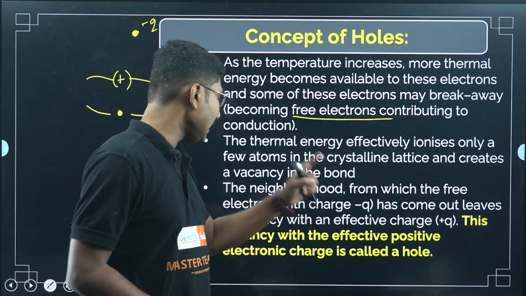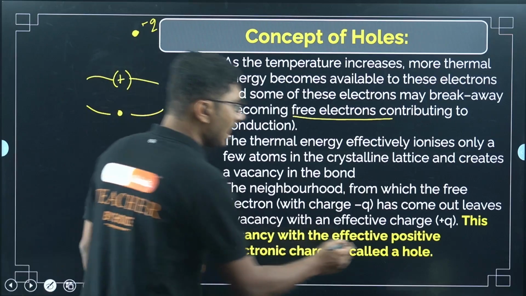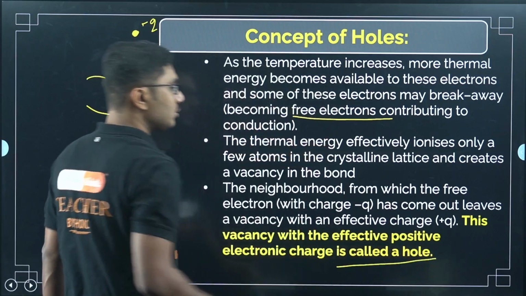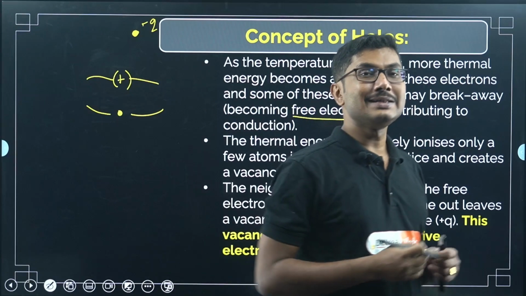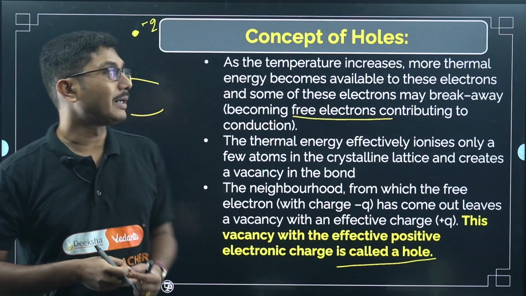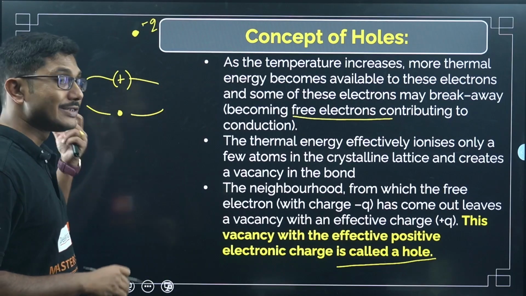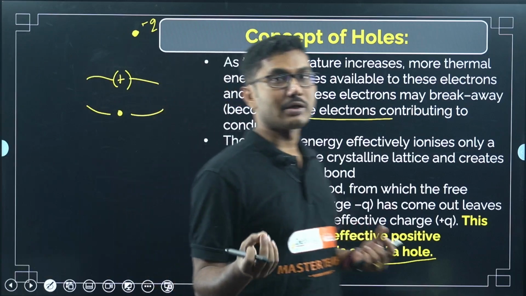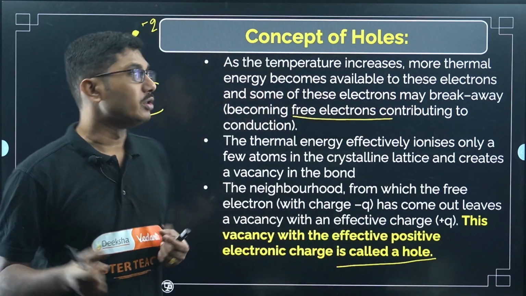This vacancy with effective positive electronic charge is called a hole. Hole means lack of electron. If there was one electron, there would be no hole, but because this electron is out, that space left behind by the free electron is called a hole.